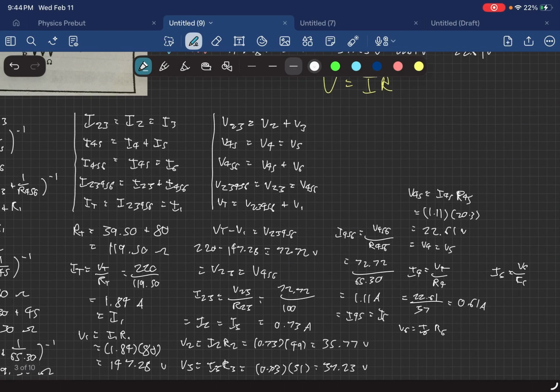Then this one is 22.61 over 45, which is 0.50 amperes.